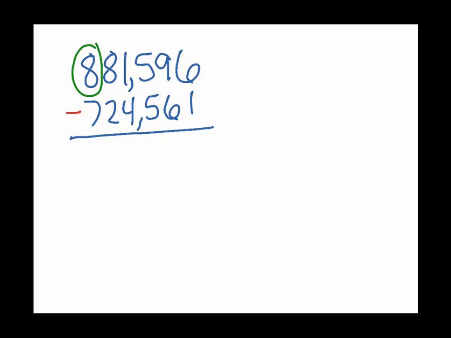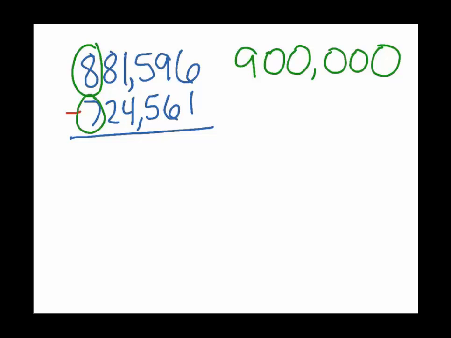We're going to round it to the hundred thousands place. So 881,000 rounded to the hundred thousands place is 900,000, the closest 100,000. And then the other number, 724,000, is closest to 700,000 as we're rounding to the hundred thousands place.